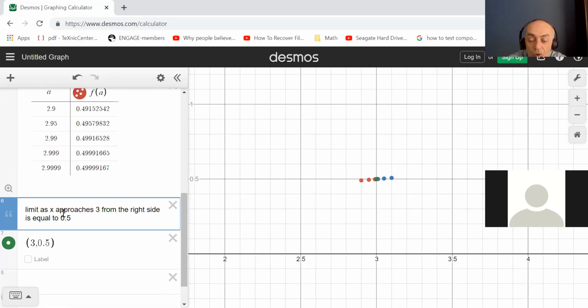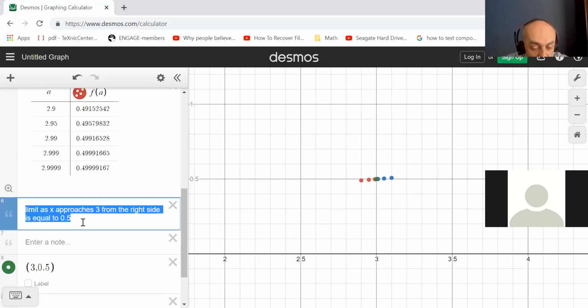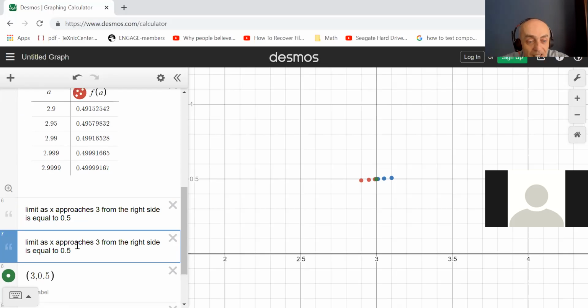I'm just going to copy with Control C and paste with Control V. And the limit as x approaches 3 from the left side is also equal to 0.5.